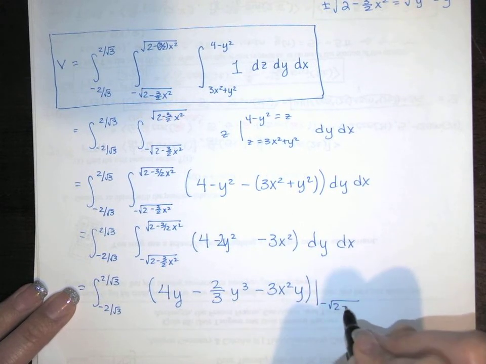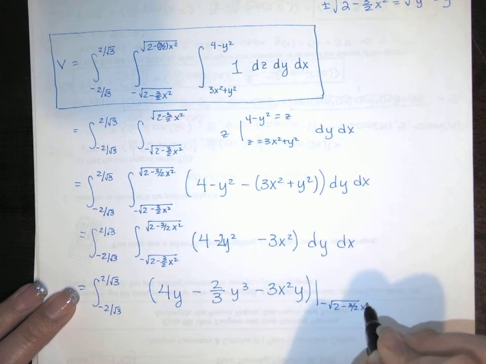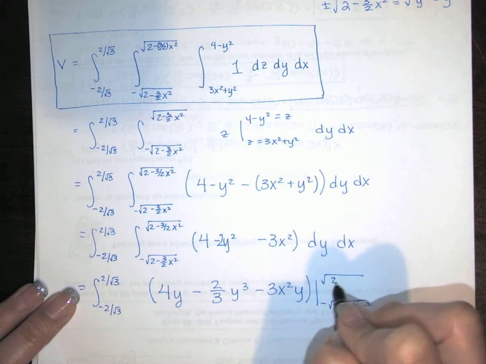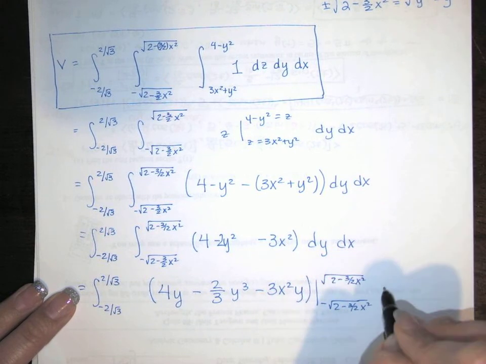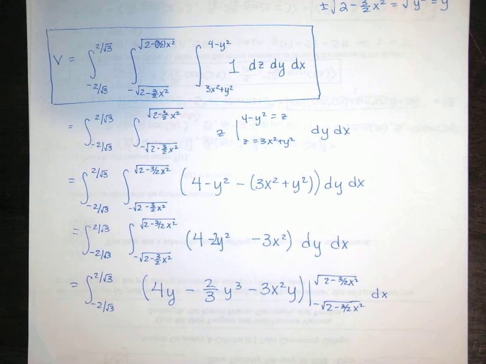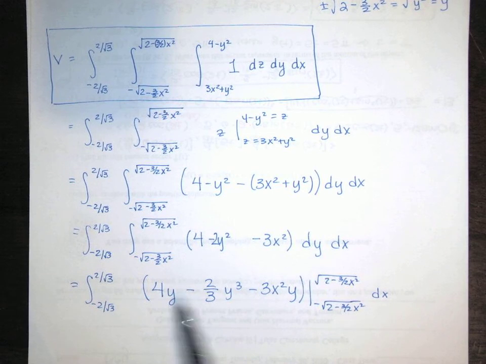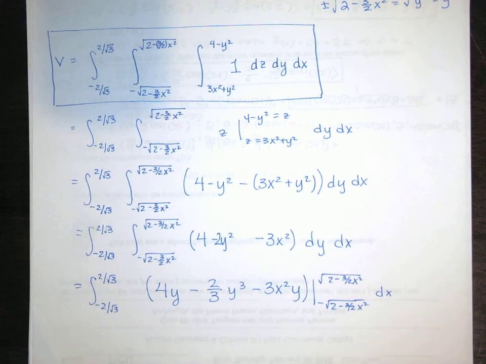We integrate from the negative square root to the positive square root. Yeah. We could do it, but if we replace y with that, and we subtract, we're going to end up with something that requires a trigonometric substitution.